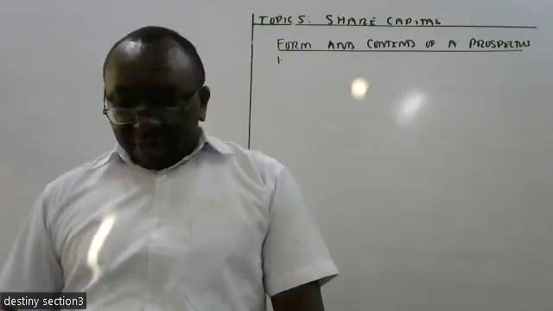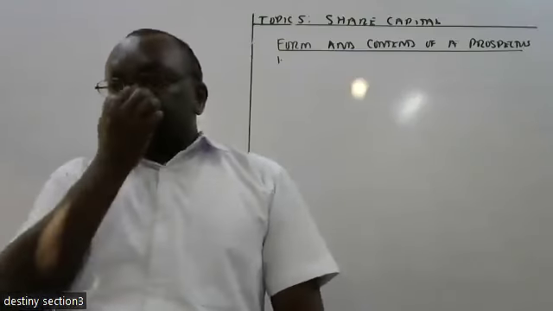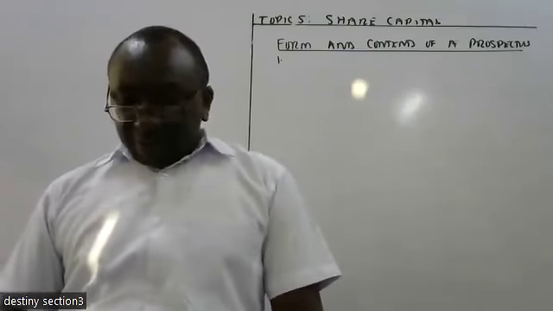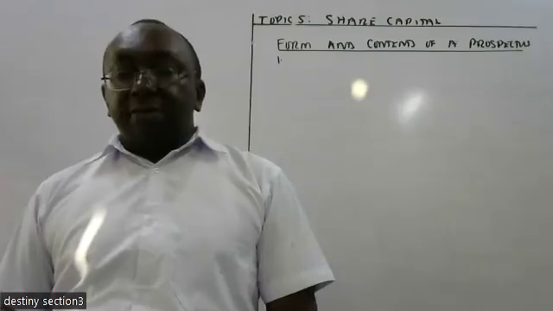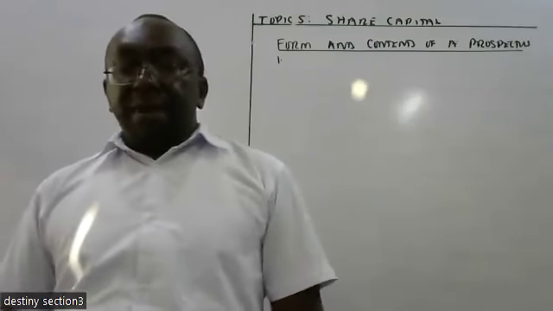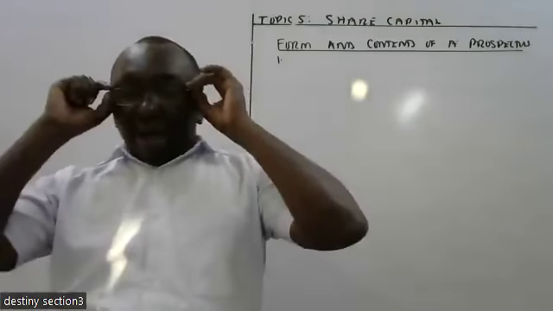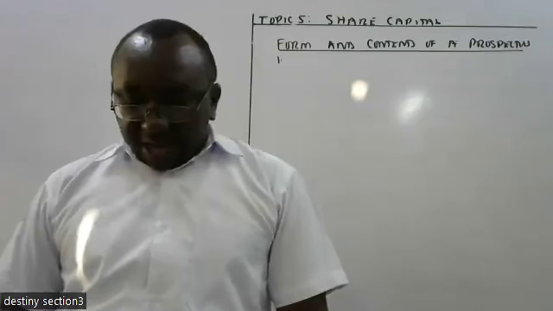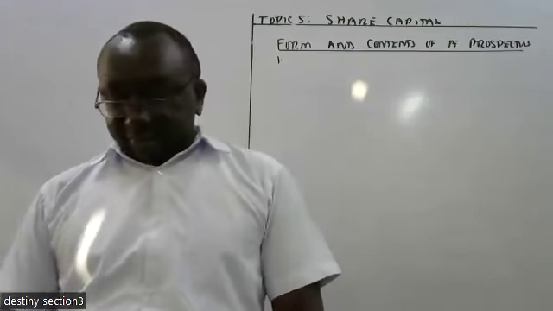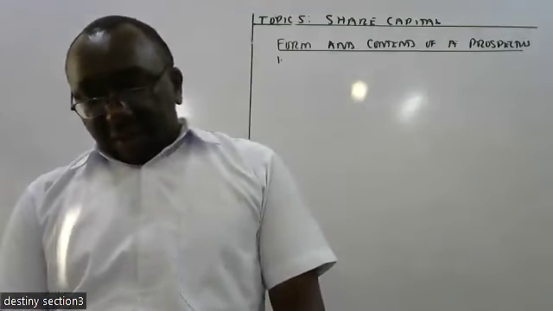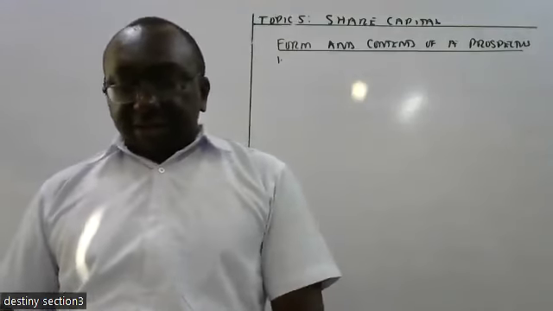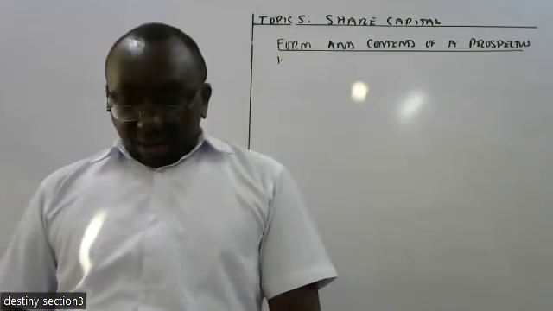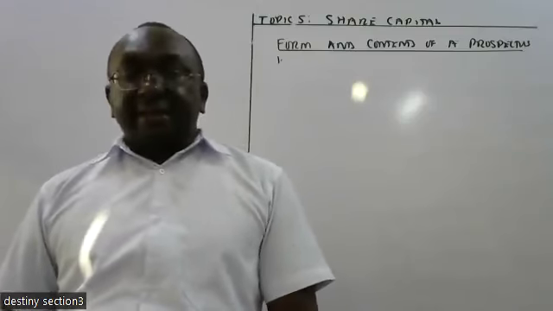Number 5 is minimum amount of subscription and the amount payable. Another one is time of opening of subscription lists. Another one is preliminary expenses incurred.